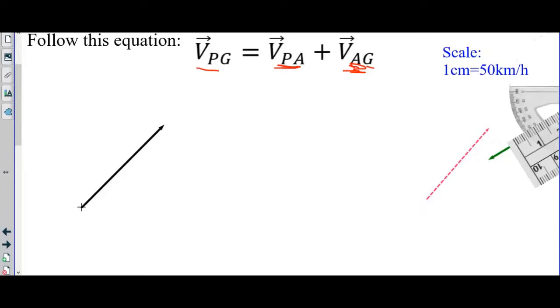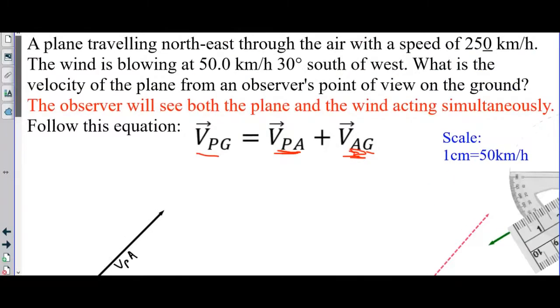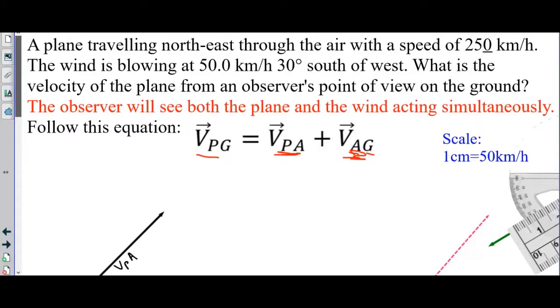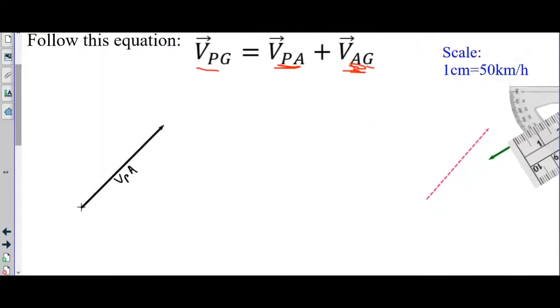So this black vector arrow would be the velocity of the plane with respect to the air, and we know that to be 250 kilometers per hour. I'm going to write it down, 250 kilometers per hour.